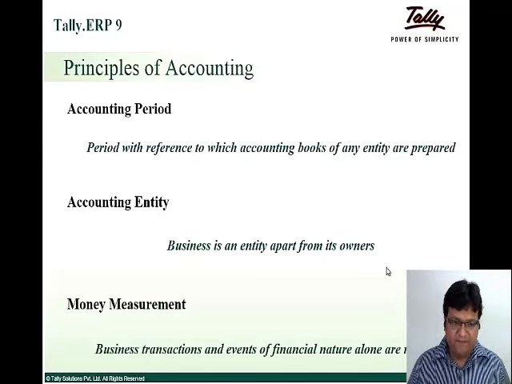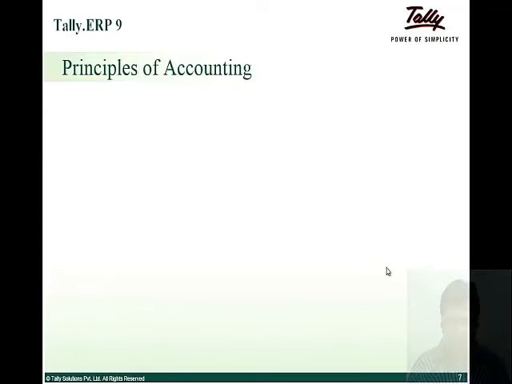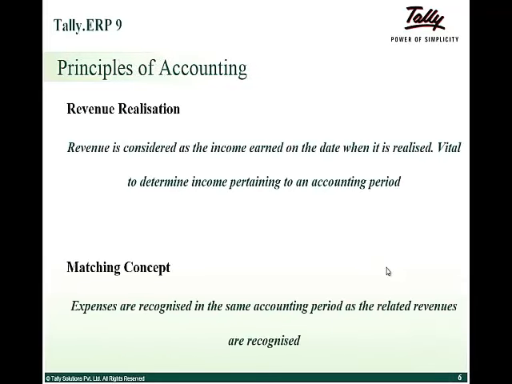Okay? So there are 7 principles of accounting that we have covered right now. I'll show you those again. The principle of accounting, revenue realization, where income earned is considered to be a revenue only when it is realized, when the money has been received. Matching concepts, the expenses and incomes of a same accounting period are called matching concepts.